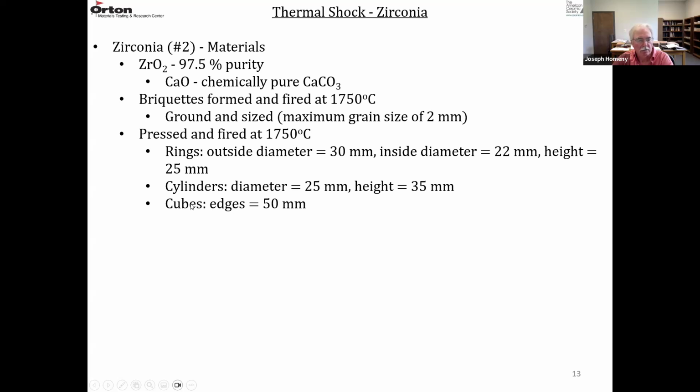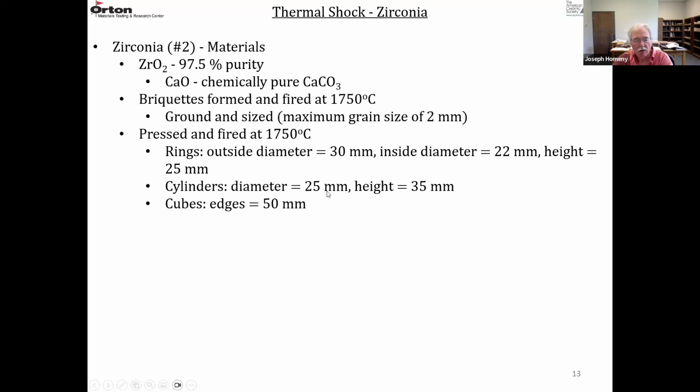They wanted to look at the effect of sample shape, so they pressed rings, cylinders, and cubes. A ring was 30 millimeters in outside diameter, the inside diameter was about 22 millimeters, and it was about 25 millimeters tall.